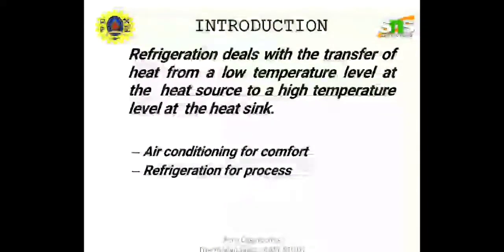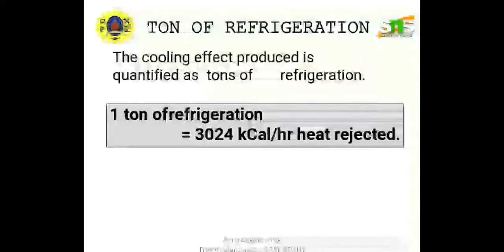Introduction: refrigeration deals with the transfer of heat from a lower temperature level at the heat source to a higher temperature level at the heat sink. Its best applications are air conditioning for comfort and refrigeration for process. The cooling effect produced is quantified as a ton of refrigeration. 1 ton of refrigeration is equal to 3024 kilocalories per hour of heat rejected.